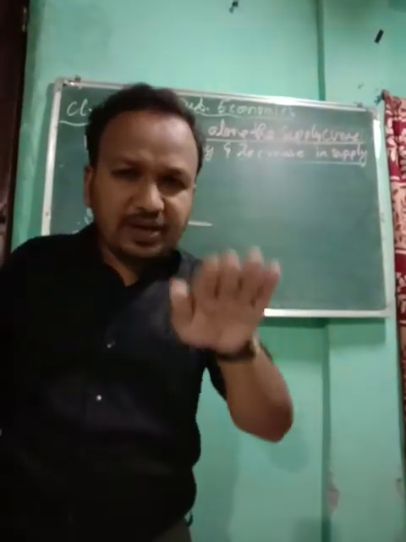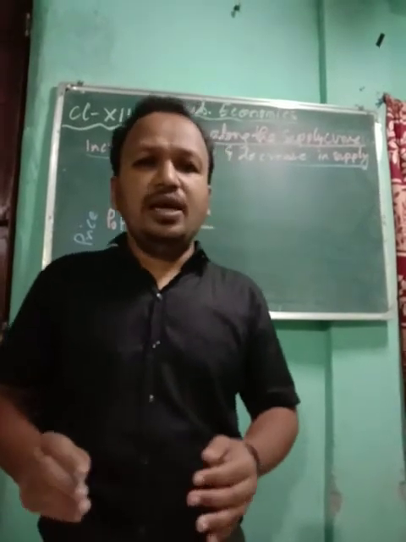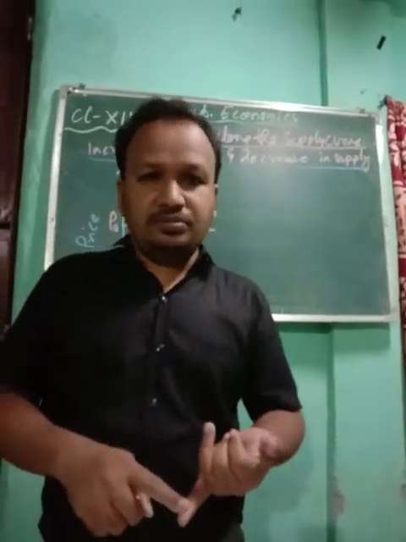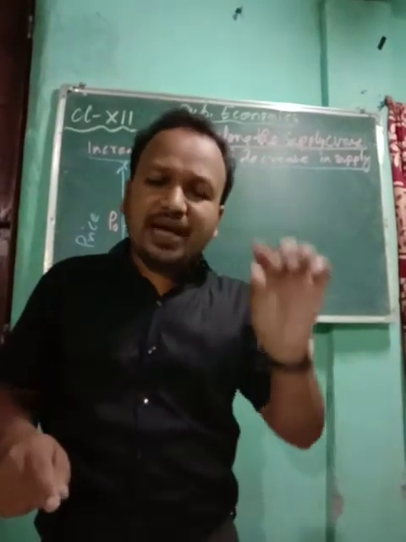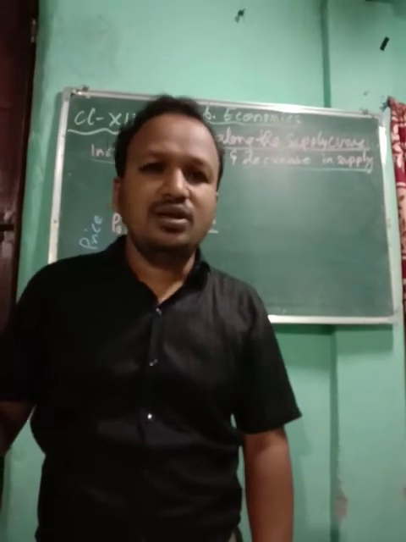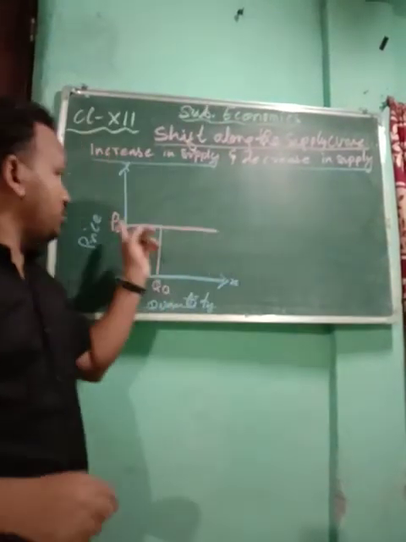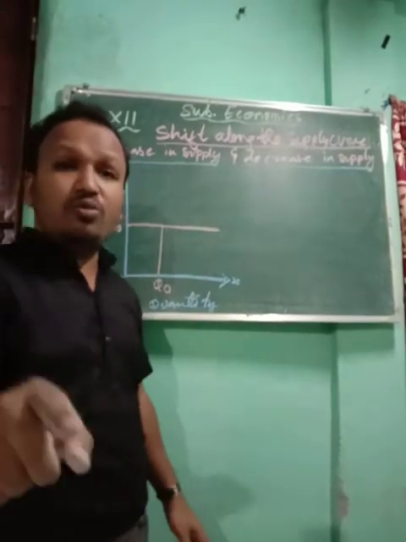When the cost of production decreases, the same product you are producing, but the labor charges, raw material charges and other charges have reduced, so naturally your cost of production will decrease. But you are not going to reduce the price, it is the same, so at the same price you get more benefit.